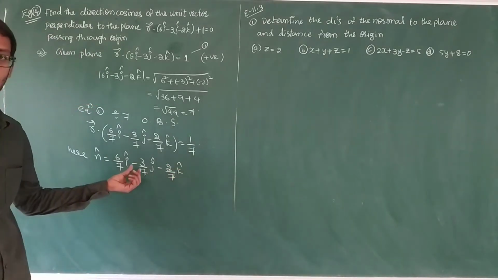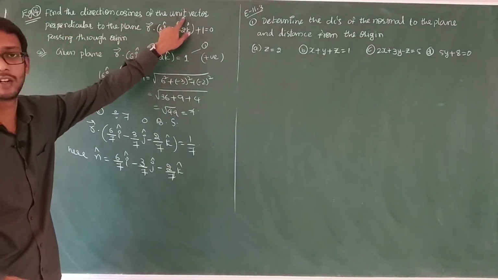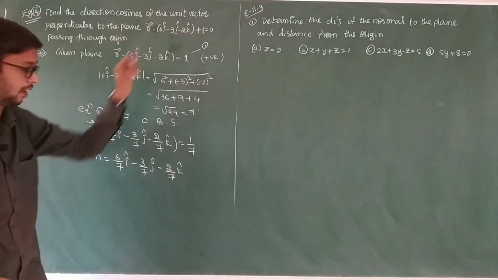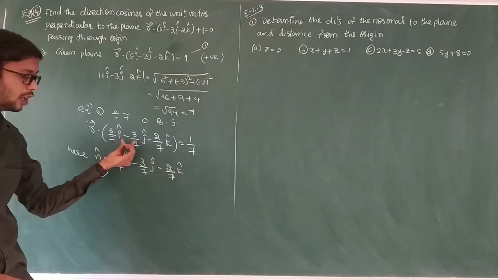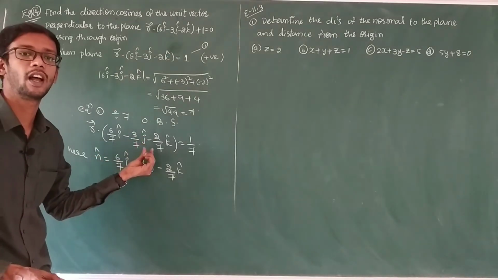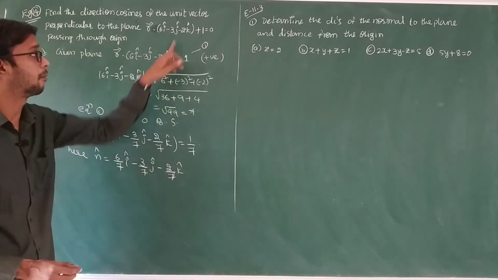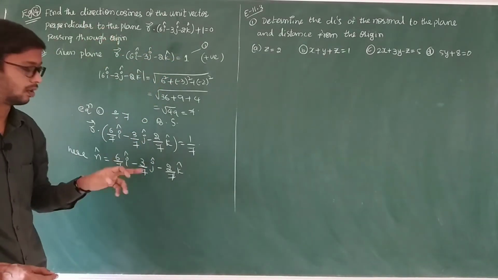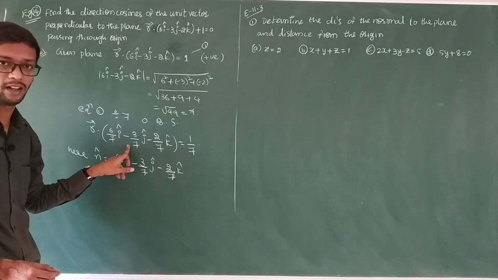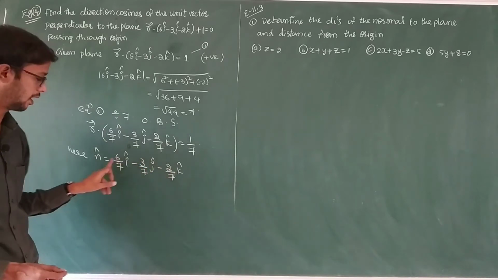So this is the unit vector perpendicular to the plane. N cap is the unit vector perpendicular to the plane, otherwise the normal unit vector. Perpendicular means normal, so normal unit vector, that is nothing but the unit vector perpendicular to this plane, n cap.